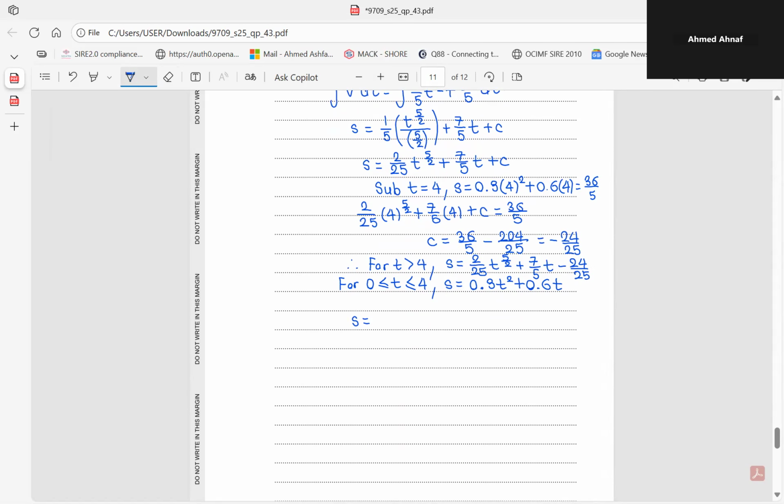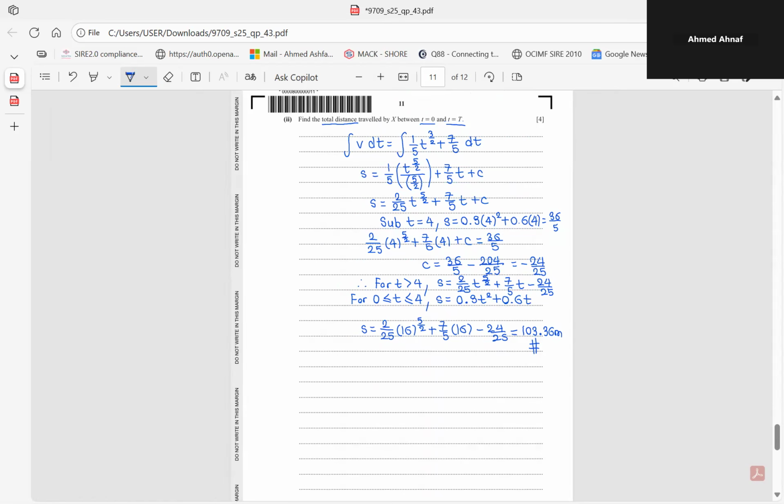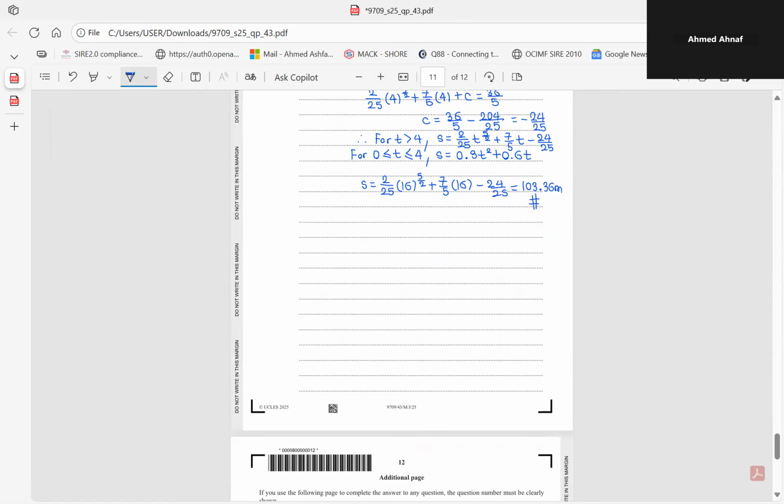So s equals 2 over 25 times 16 to the power of 5 over 2 plus 7 over 5 times 16 minus 24 over 25. I got the answer while I was looking for any turning points. It is 103.36 meters. So this is our final answer for this final part, as well as the entire question.